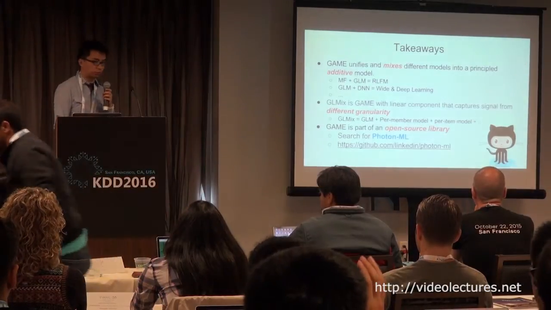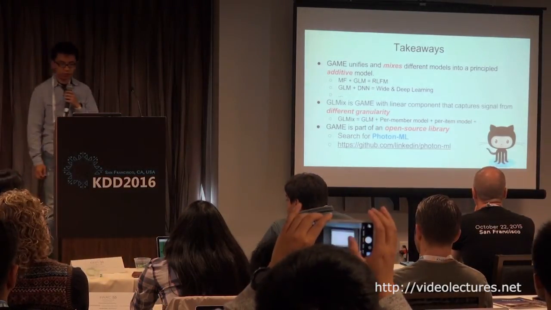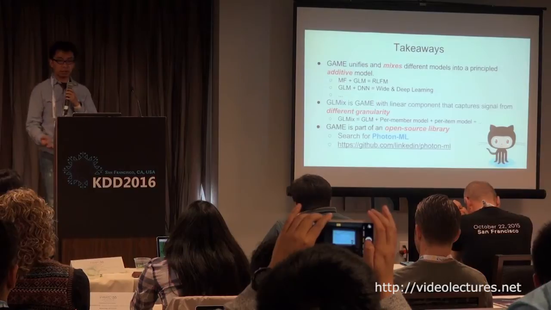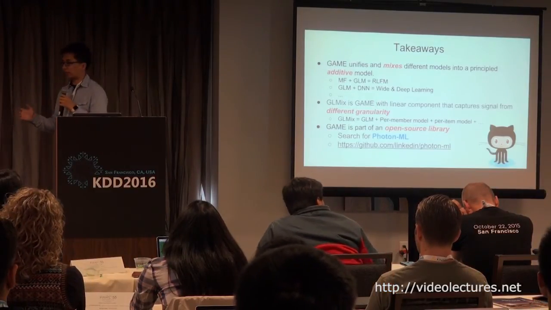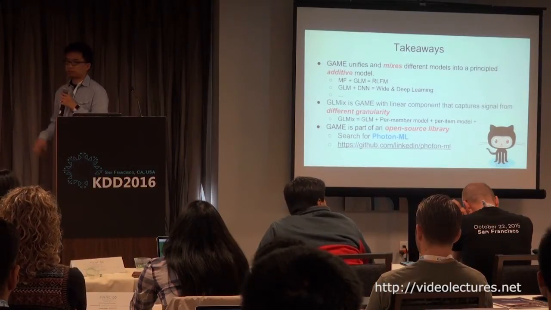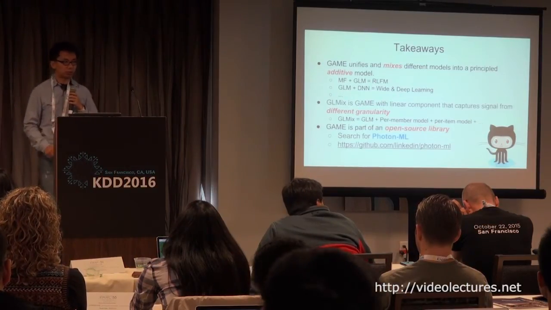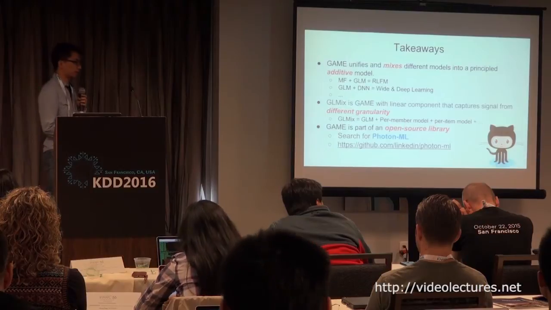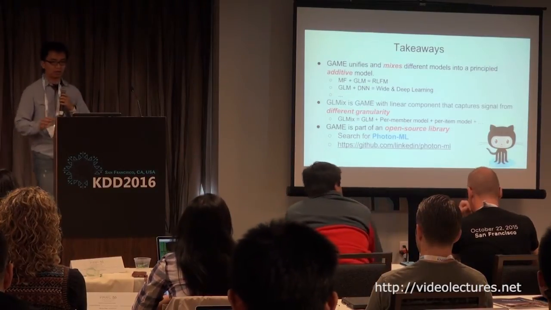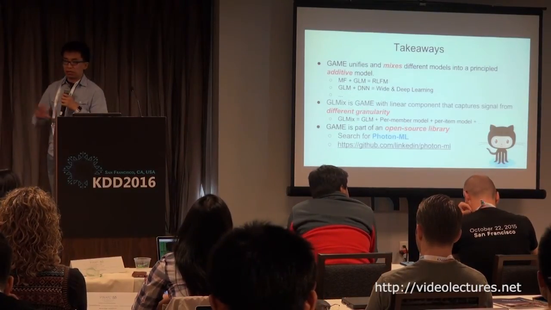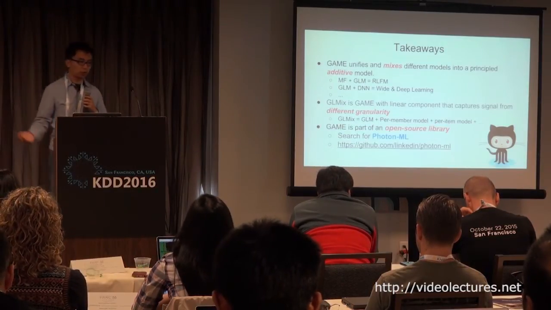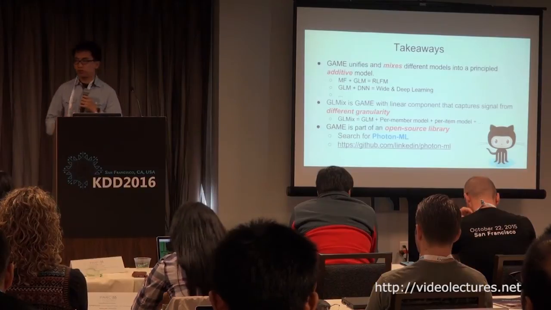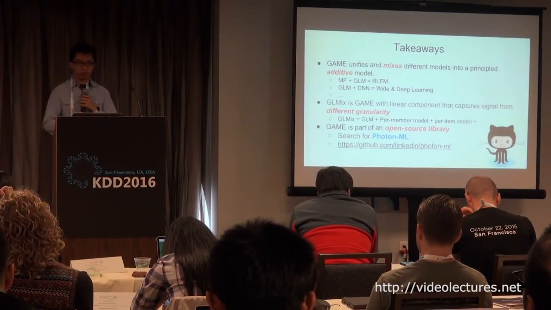And this is, I think, the most important message we want to deliver here. We know GAME is cool, but how cool it is, we don't know. If I'm just here to advertise how cool GAME is, I don't think that is very important. The important thing is that we provide it as an open source library, so everyone can try. After the hands-on tutorial, you can try and feel how usable it is, whether we want to add more features, whether the features in Photon ML are enough or not.